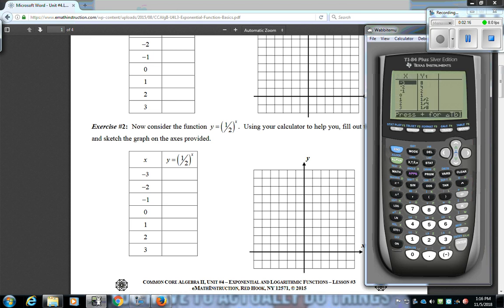And what you're going to see is the opposite of what we just had in the last one. 1/2, 1/4, and 1/8.